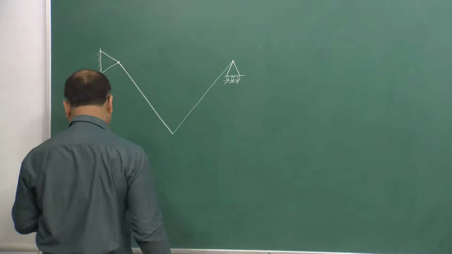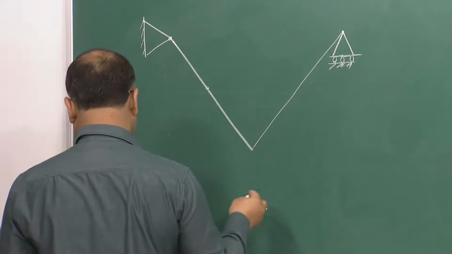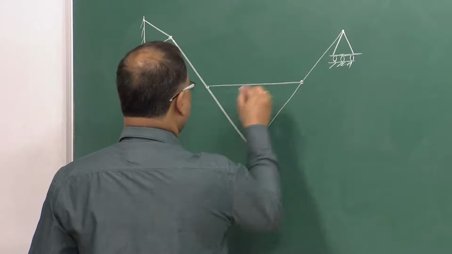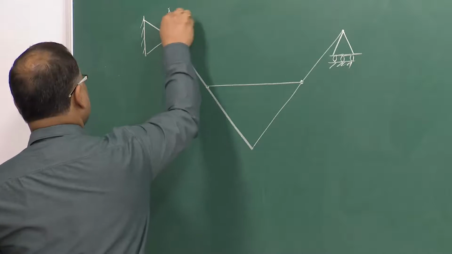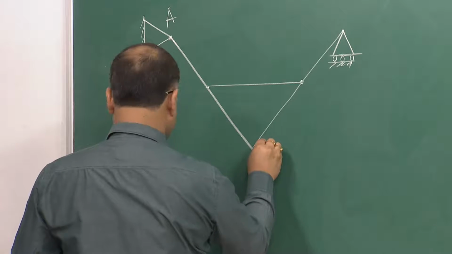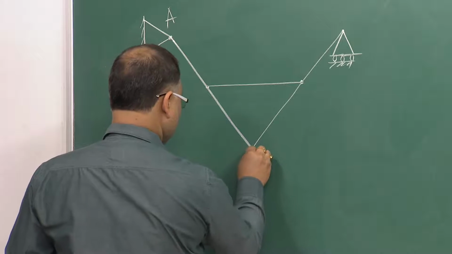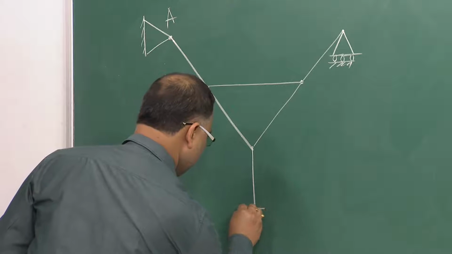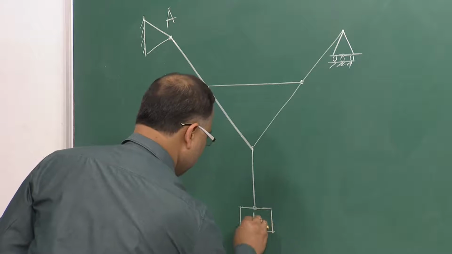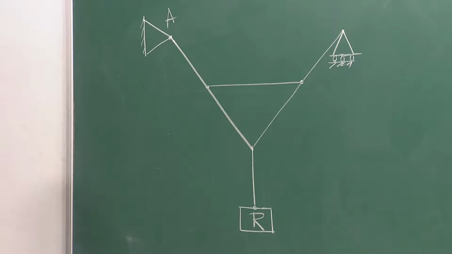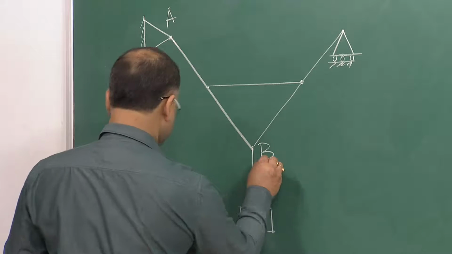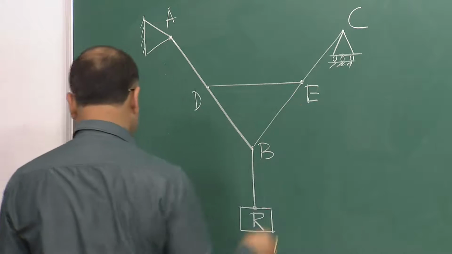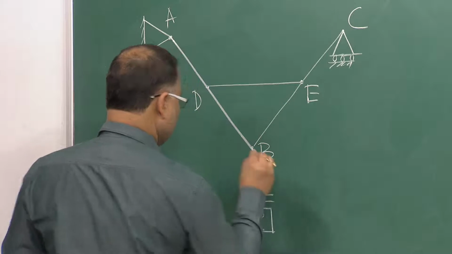This is a roller support. So, this is A, some load R is acting at the bottom, this point is B, this is C, D, E and F. Okay.